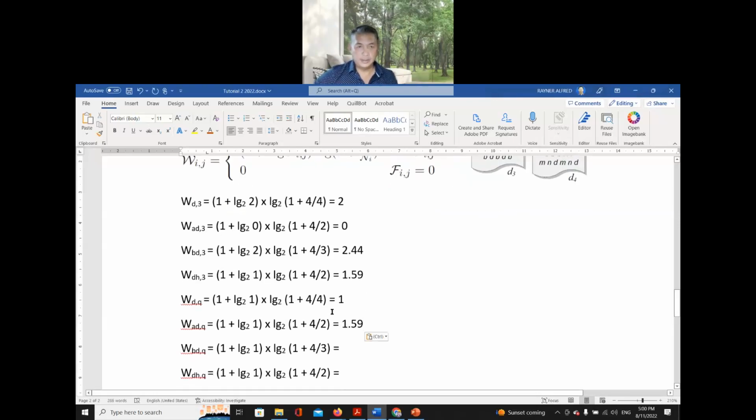And 4.3 will be 1.22, and then this one will be 1.5. Okay, betul kah? You double check. So these are the weightage for all the term set that we have considered for document 3 and also for the query. Okay.